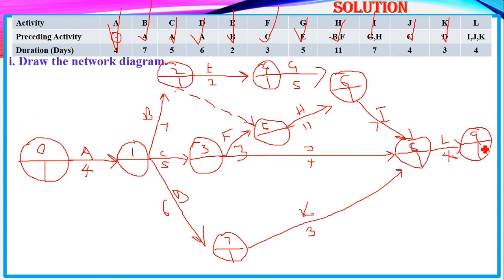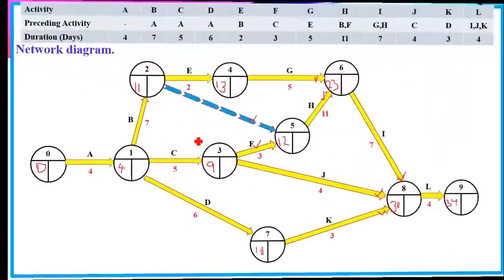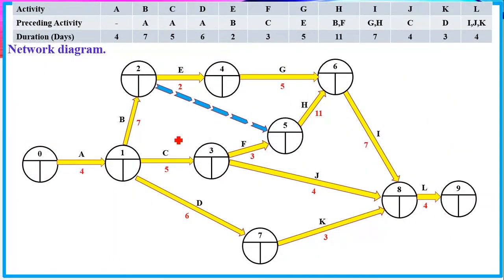We have a complete diagram with all the nodes, that is all the events and all the activities labeled, and therefore the resulting network is going to look like this.